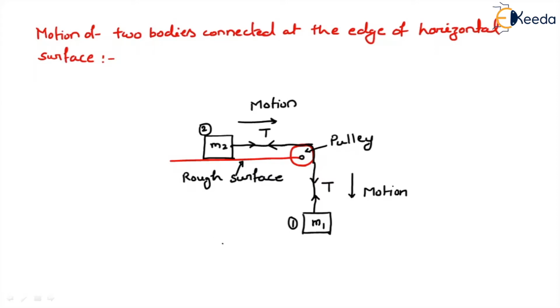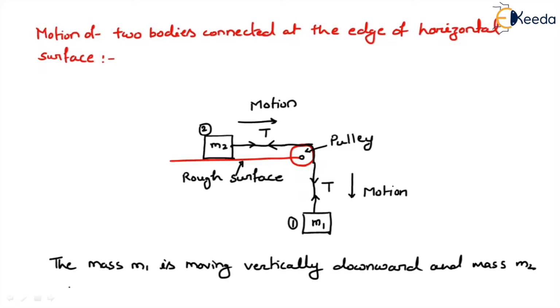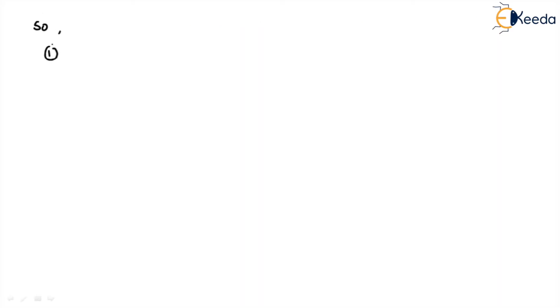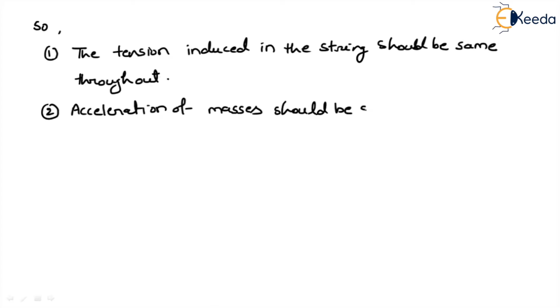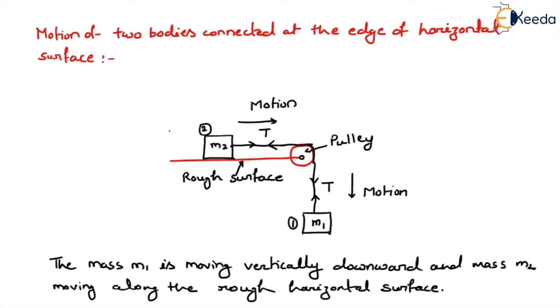Now here we have to remember 2 points, because M2 is moving over the horizontal surface and M1 is moving vertically downward. M1 will create some tension in the string and this tension will pass through the second end of the string.